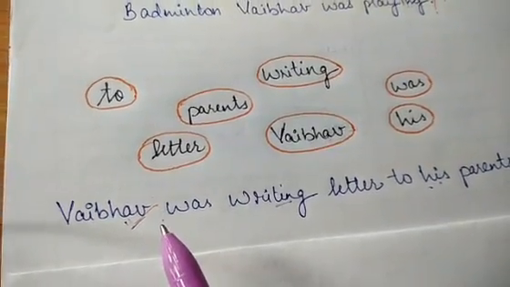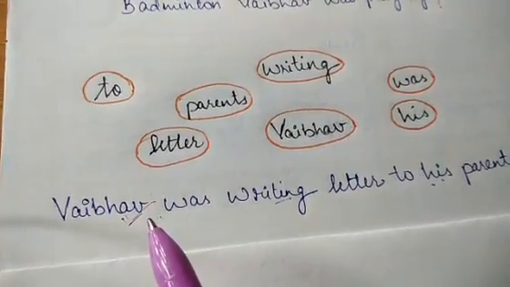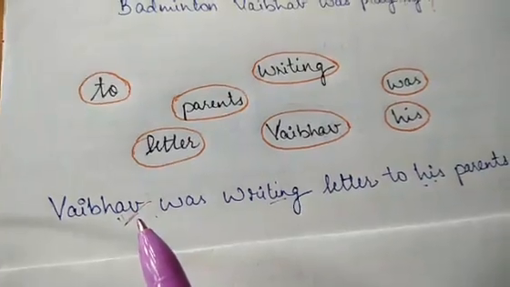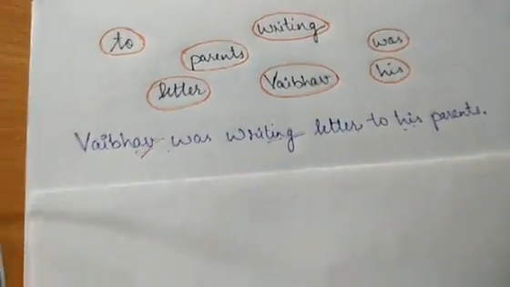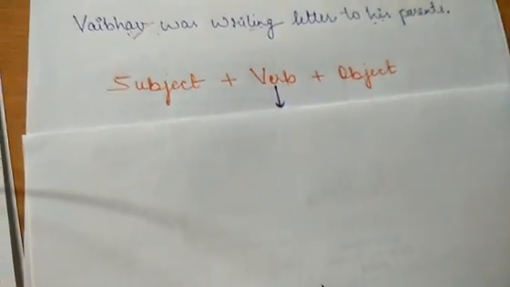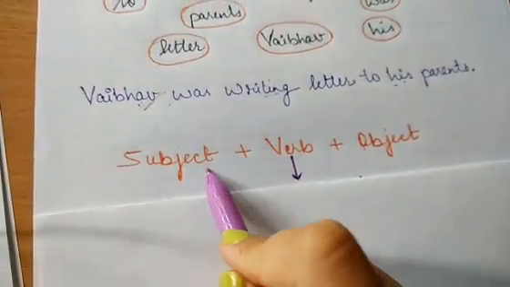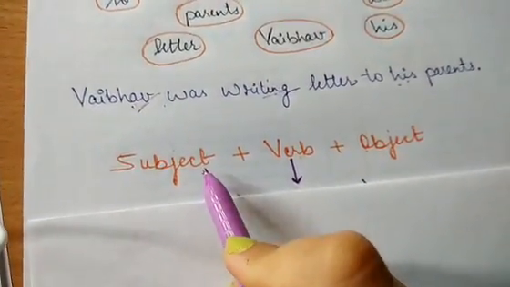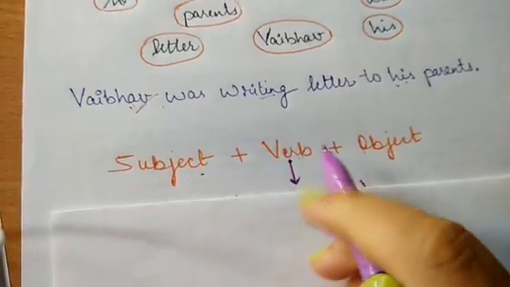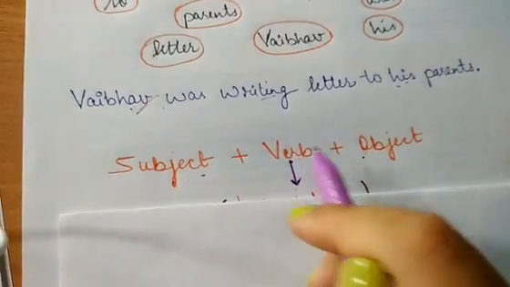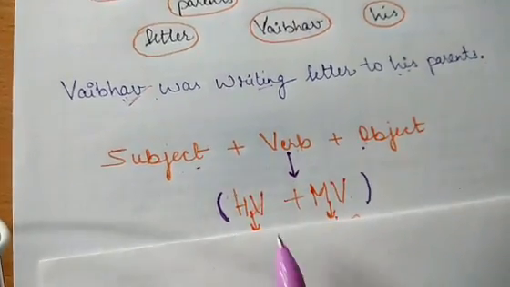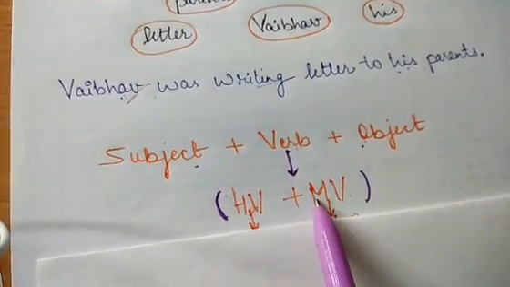We'll also come across certain small and new concepts and mistakes that one often commits while speaking a sentence. Now, the 3 basic things that a sentence requires are subject, verb and object. In the last lesson we discussed that a verb has 2 parts, the helping verb and the main verb.